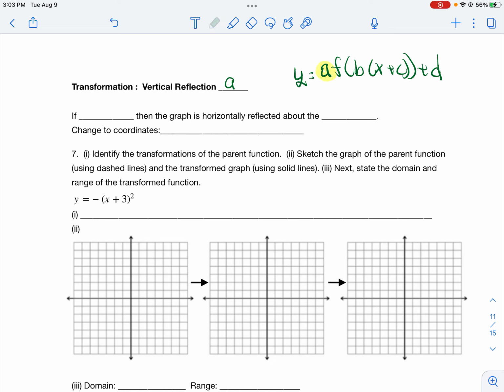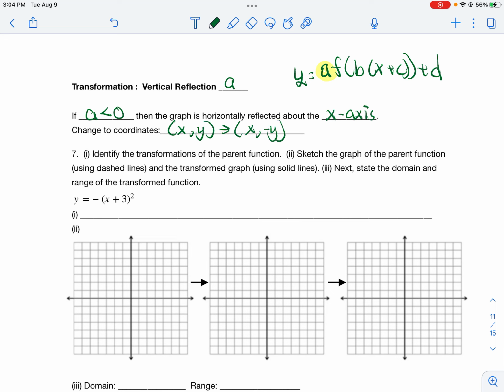I was also looking at the A. If A is less than 0, if A is negative, then the graph is vertically reflected about the x-axis. So the coordinates change from x comma y to x comma negative y.